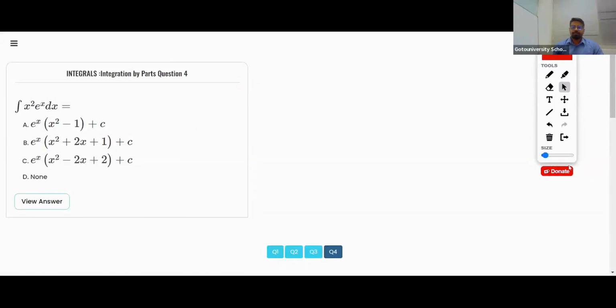Next, x square e power x. We have integral of x square e power x dx. In our order I, L, A, T, E, first comes algebraic, then this. So we are treating the first function x square, integral of e power x dx, minus differentiation of x square, which is 2x, into integral of e power x, the entire thing into dx.